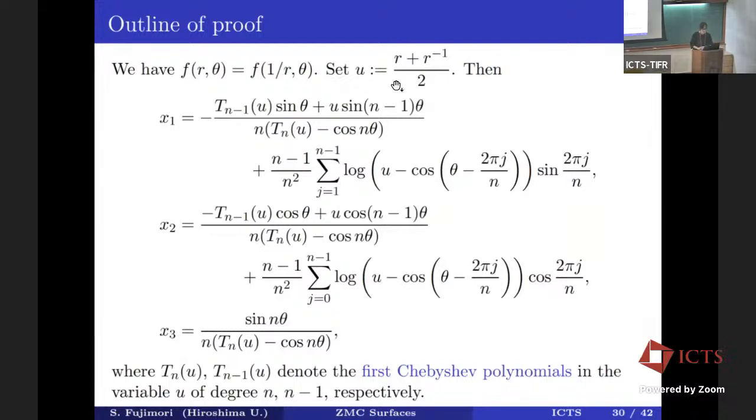So we set u as follows. Then we can represent x1, x2, x3 by using u and theta, where T is the first-kind Chebyshev polynomial in the variable u, of degrees n and n minus 1.